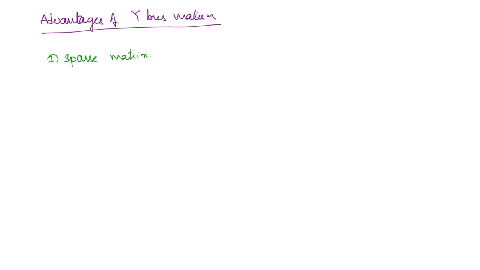If you consider a system, not every bus is going to be connected with every other bus. If there is no transmission line connecting two buses, then that particular element is simply 0. This is because not all buses are connected with every other bus.